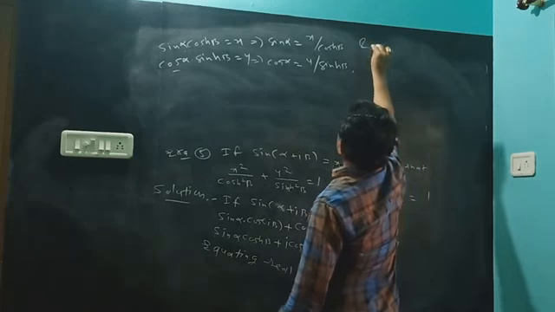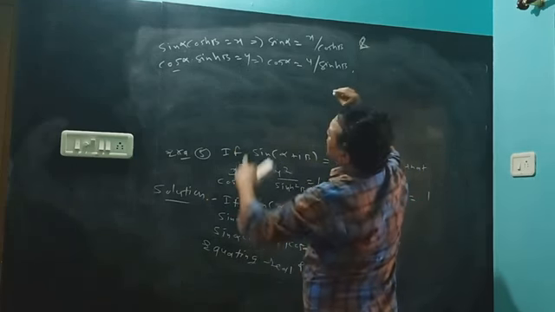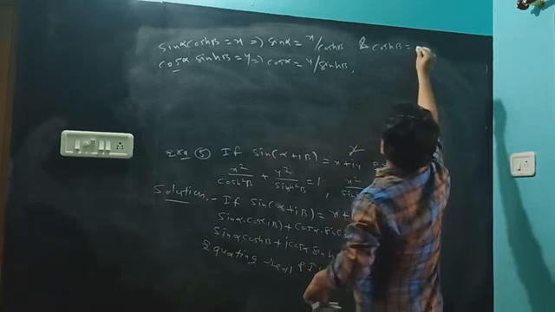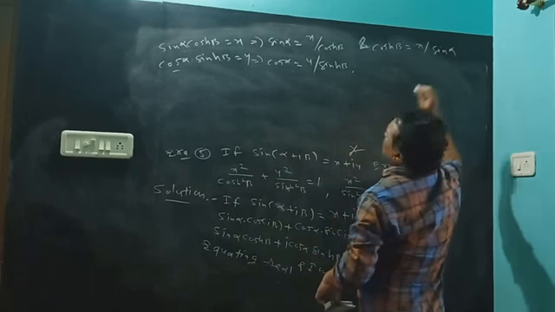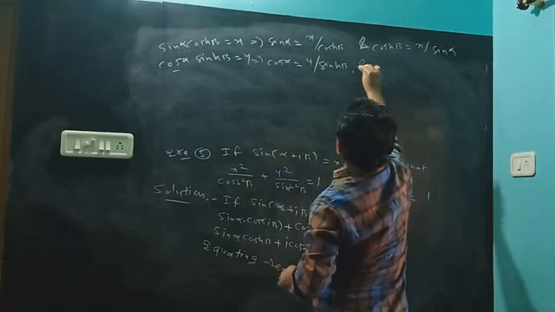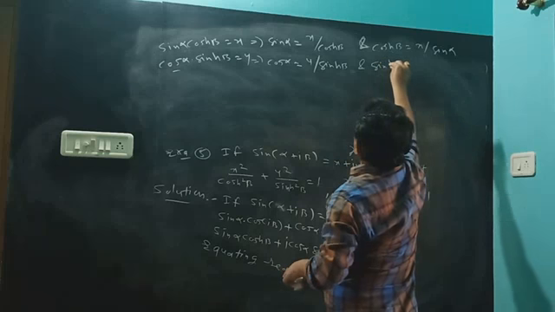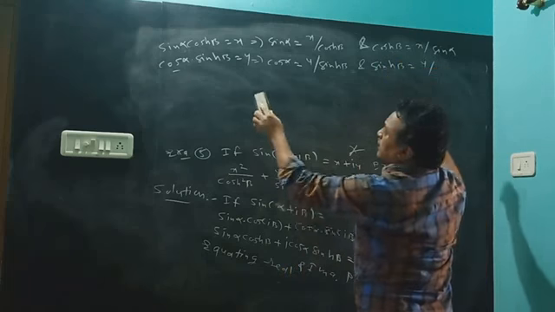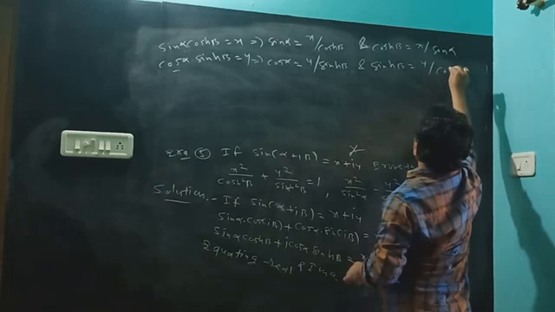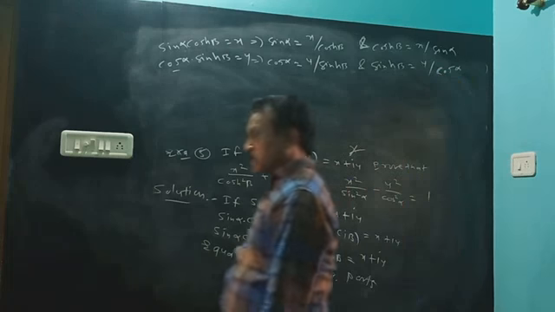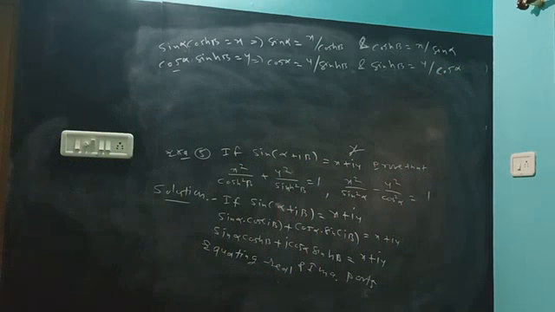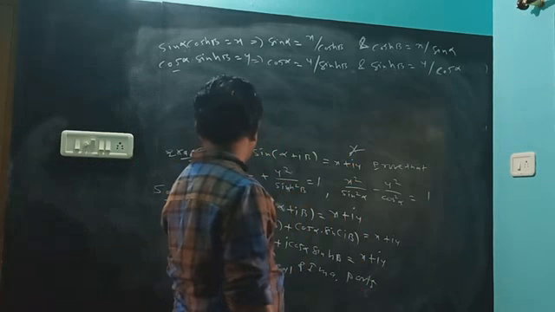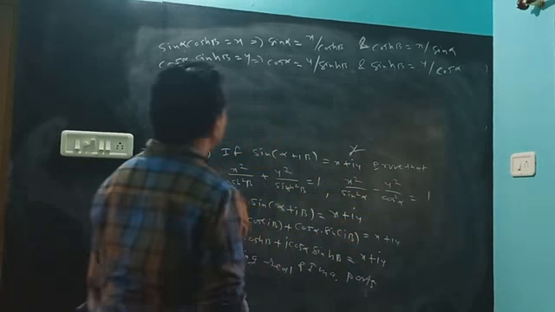Similarly, second relation: cosh beta equals x upon sin alpha, and sinh beta equals y upon cos alpha. So we now have two relations. Now use both relations. One is hyperbolic and one is trigonometry.